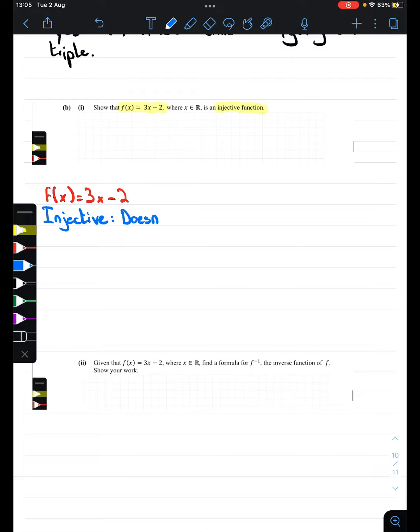An injective function means that it doesn't send any different points to the same point. So if the input is different, then the output will be different. This is sometimes known as one-to-one.